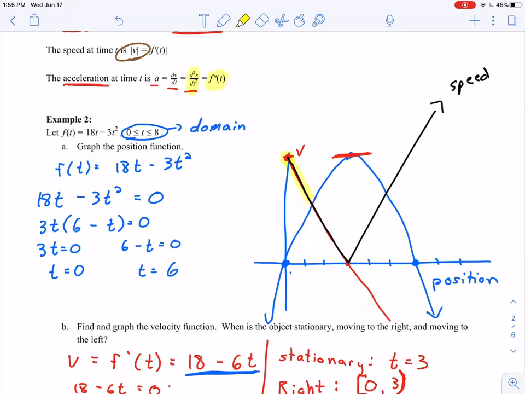Well, it's getting closer and closer to zero right here. If I start off at a positive speed and I work my way towards zero, that object isn't speeding up. That object is slowing down if your speed starts off positive and gets closer to zero.